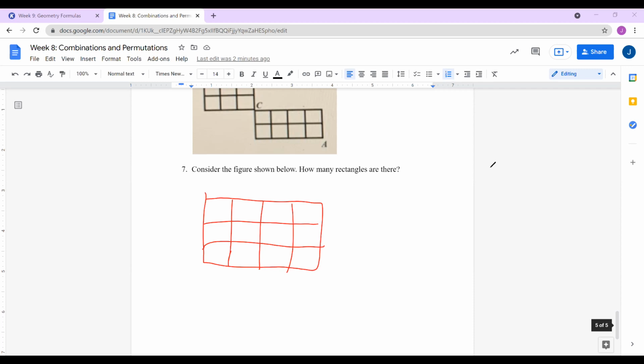Wait, so what is the answer? The answer, I'll give it to you now. 60. So what we do is we could consider 6 squares. Yes, you probably missed 6 squares.